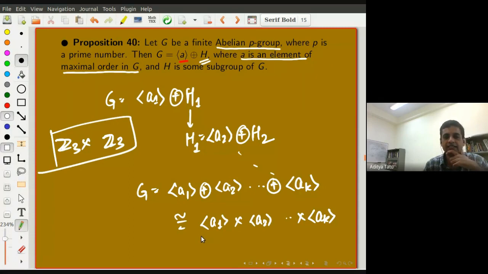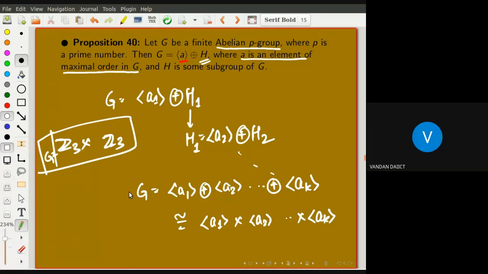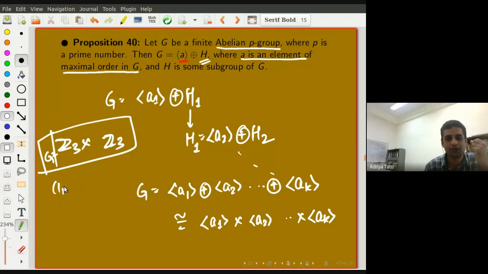Take this group: Z3 Cartesian Z3. What is the order of this group? Nine. So give me an element in this group which has order 9. If that were the case, say (1, 2). Can somebody find the order of (1, 2) in Z3 cross Z3?